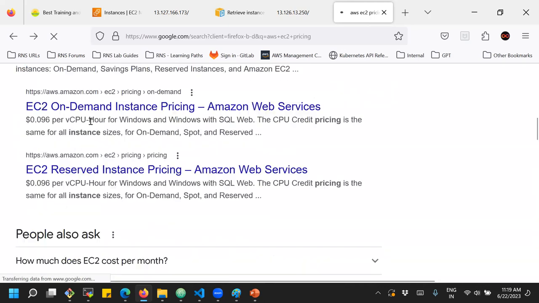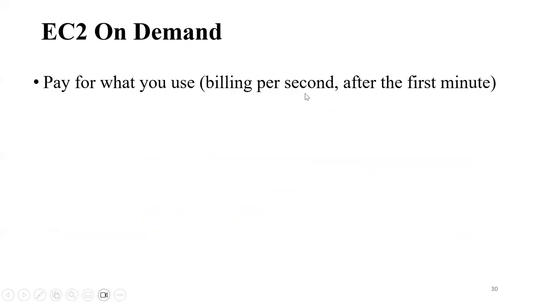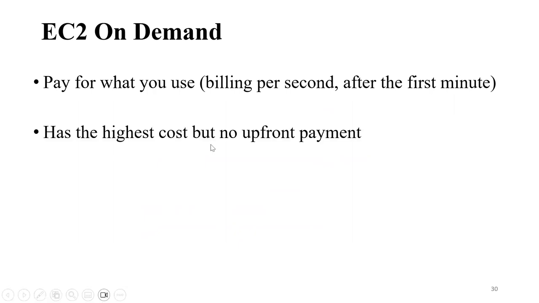But next, we have another type. This is about understanding on demand. EC2 on demand: pay for what you use, billing per second. Yes, this will be chargeable per second, and after the first minute, then it is charged minute-wise. It has the highest cost, but no upfront payment.